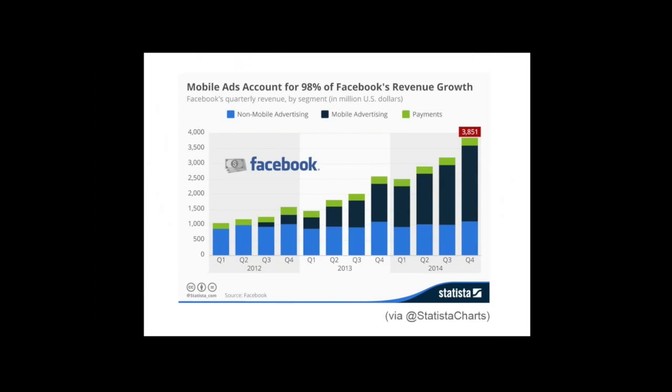One really, really integral and important thing to know is that Facebook advertising is these days delivered to significantly more mobile devices than desktops. As you can see from the chart there, although desktop revenue growth from ads has not grown at all, pretty much. They're getting way more money through mobile, and that's because they're showing it mostly to mobile.